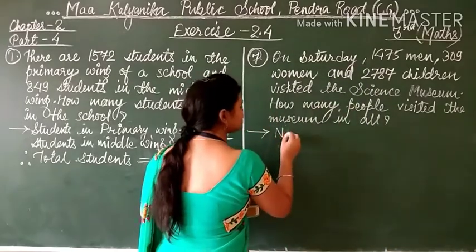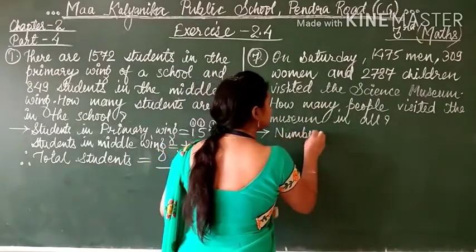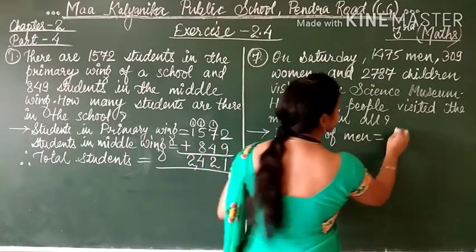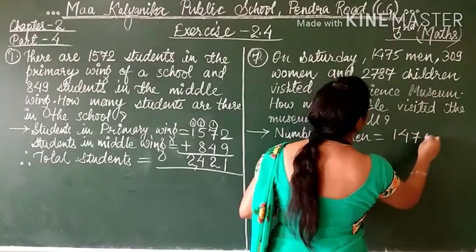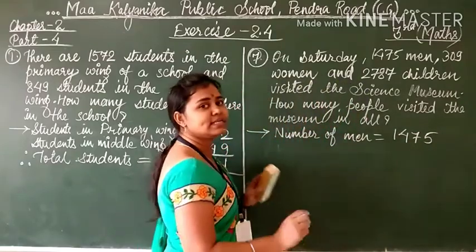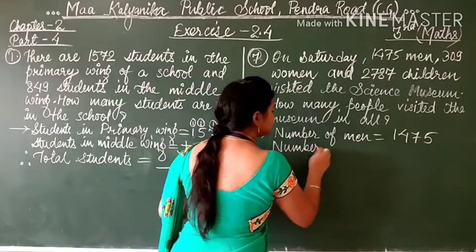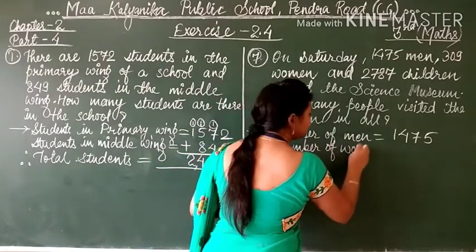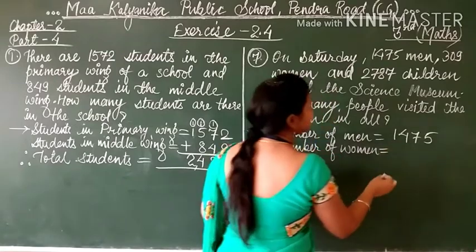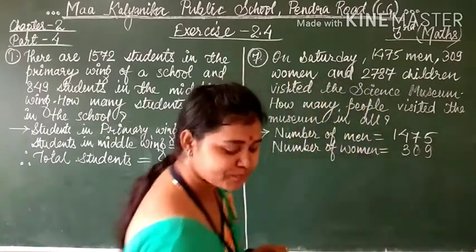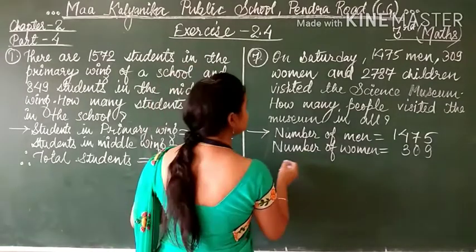Number of men is 1475. Then number of women is 309.